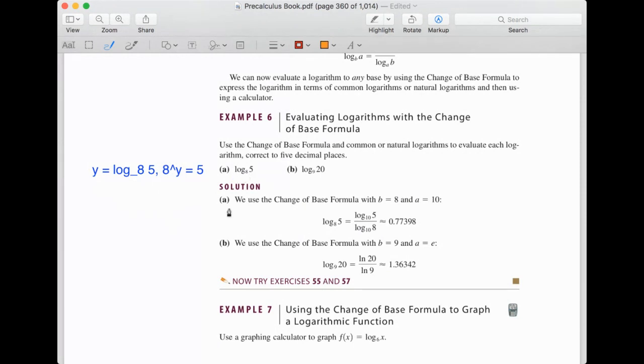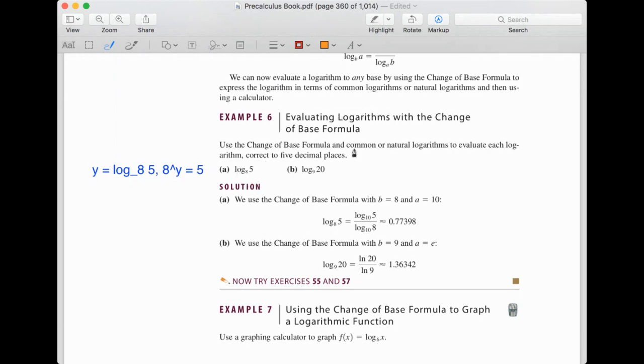Of course, if we go to the calculator, our calculator does not have log base a. Our calculator has log, L-O-G, which means base 10. Our calculator also has ln, which means natural log. It's log base e. So how do we find the value? We need to change the base.